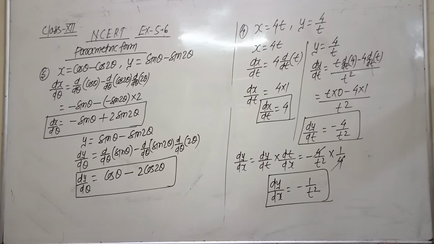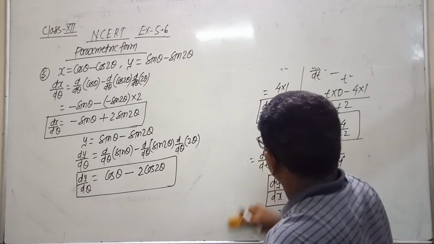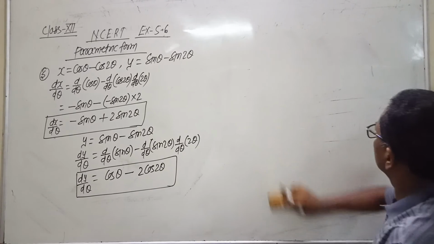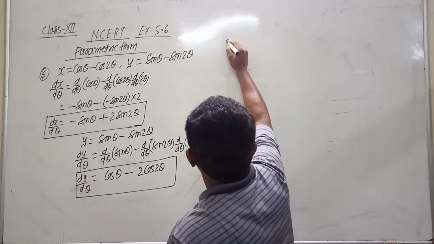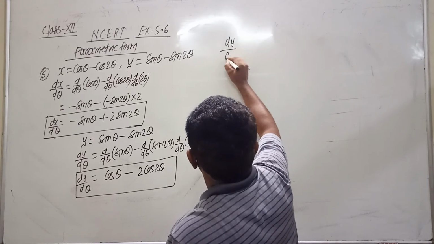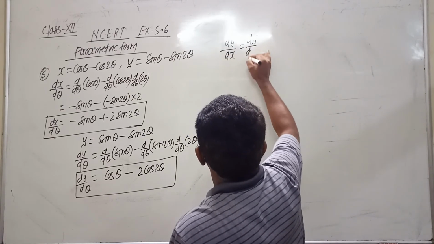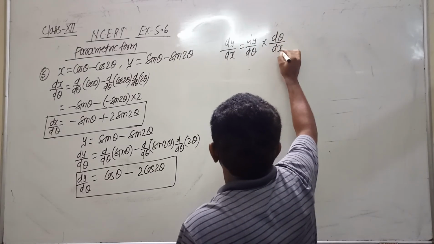Now we have to find dy by dx. To find dy by dx, we write the formula dy by dx equals dy by d theta into d theta by dx.